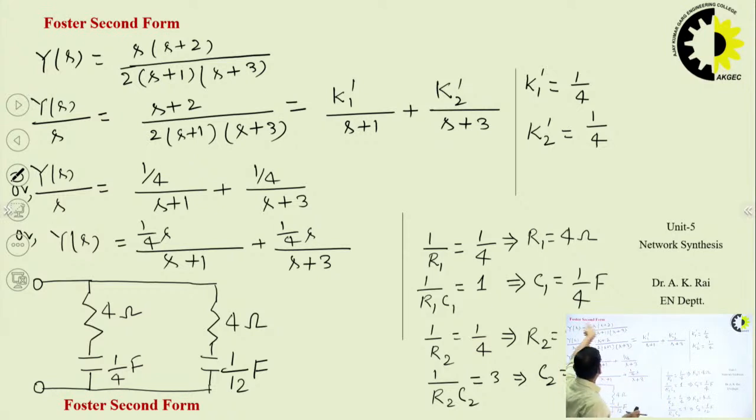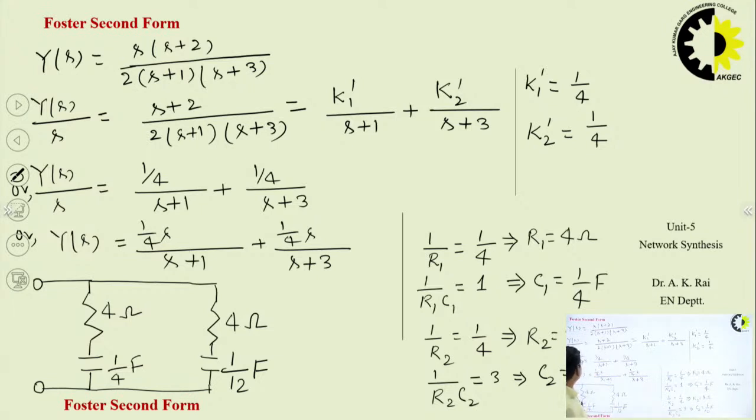So in this function, the K1 and the pole residuals are real and negative. So divide by S, and then we can find the K1 dash and K2 dash, and this way we can fabricate. So these are the values of R1, C1, R2 and C2.